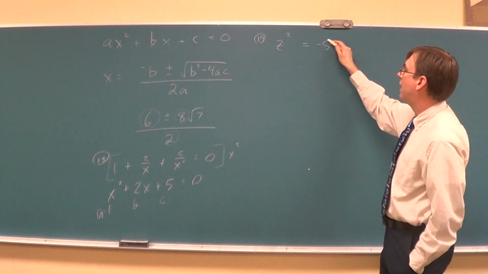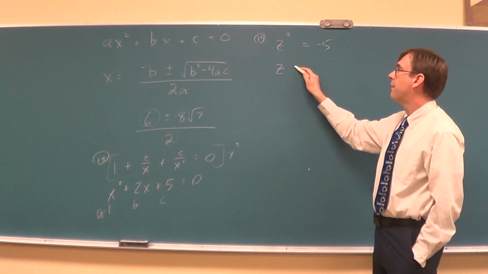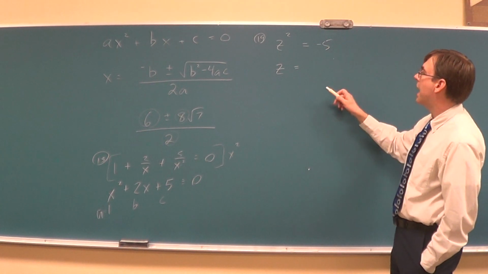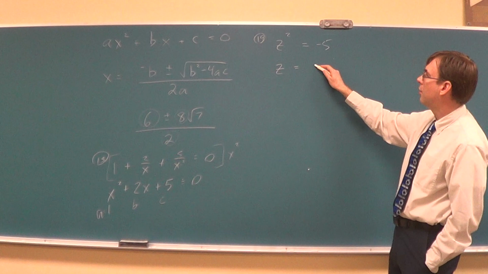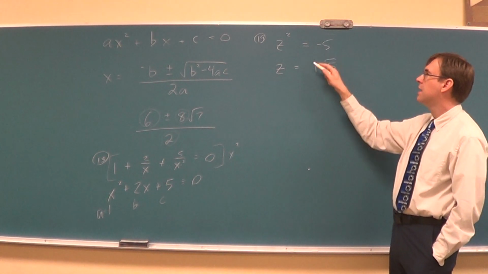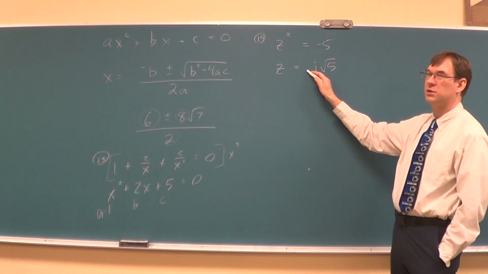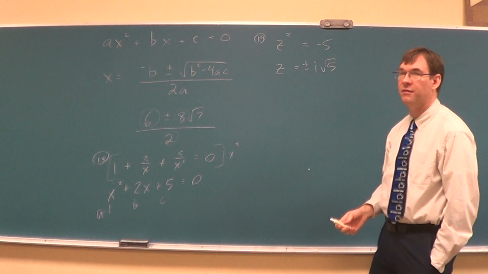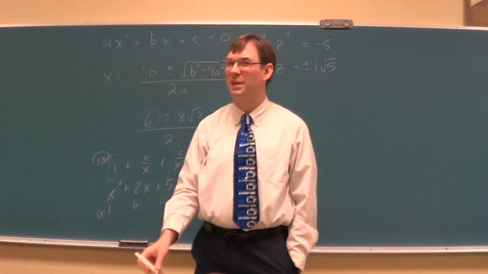Then you can undo squaring by rooting. So if you root that, rooting a negative gets you i's. Rooting 5 is stuck. And any of those ones we did the root, there's a little something extra coming. Plus or minus. It would be plus or minus i root 5. That's a quicker way to do the ones without the x.